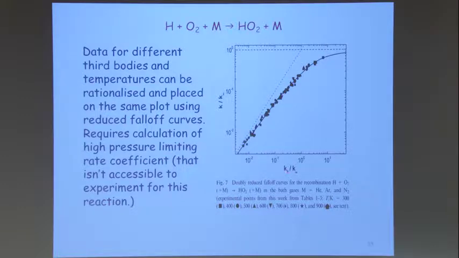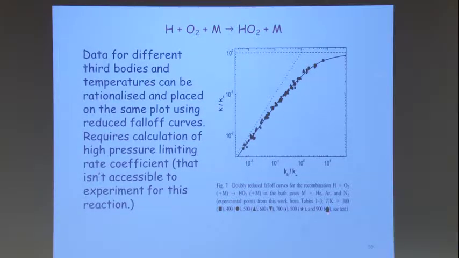That gives you this thing, k naught. And then you measure the actual k up to higher pressures where the thing starts to curve. And if you plot it this way, k divided by k infinity in a log plot, at low pressures it's a straight line, and then you see the curve. And this is with all different temperatures, and also all different bath gases. And everything collapses onto one curve.